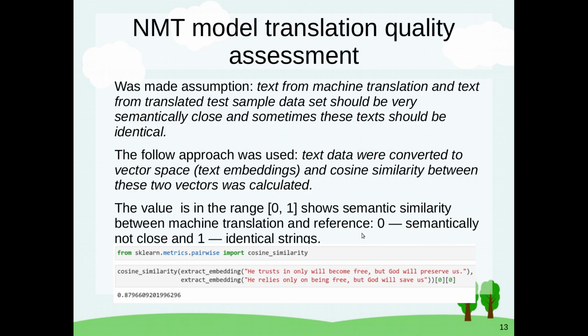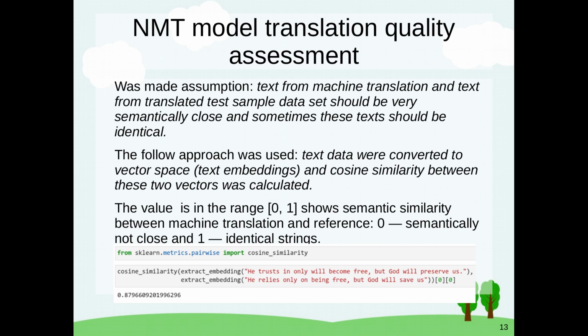And what about the final assessment of translation at all? We made an assumption. Text from machine translation and text from the translated test sample dataset should be very semantically close. And sometimes this text should be identical. The following approach was used.